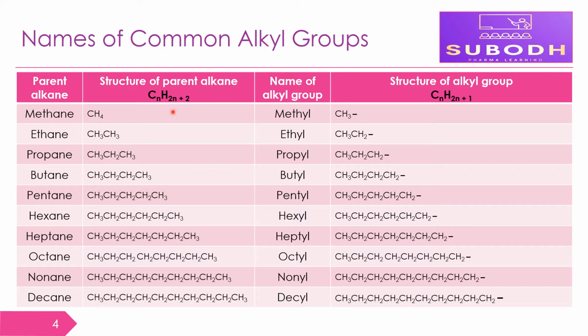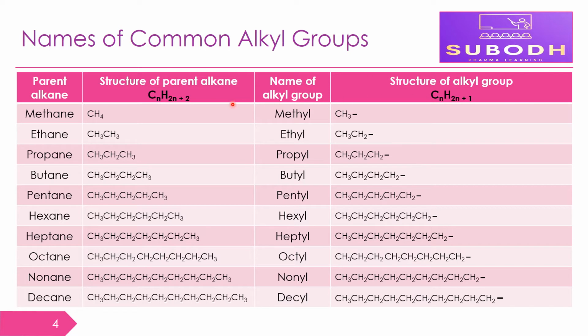The general formula of alkane is CnH2n+2, and the general formula of alkyl is CnH2n+1, as the alkyl group contains one hydrogen less than corresponding alkane.